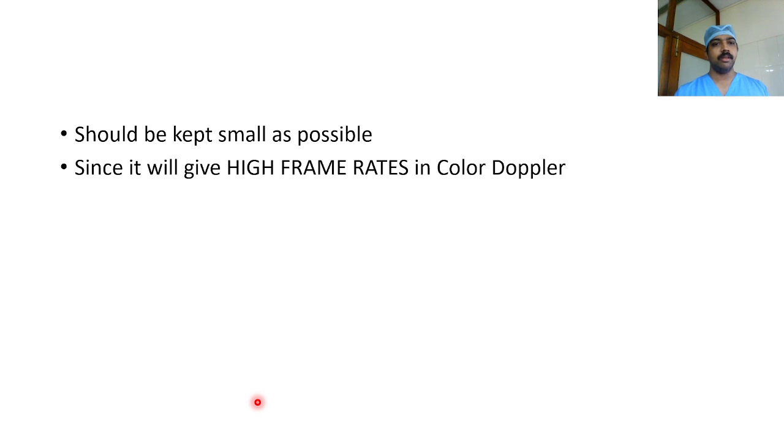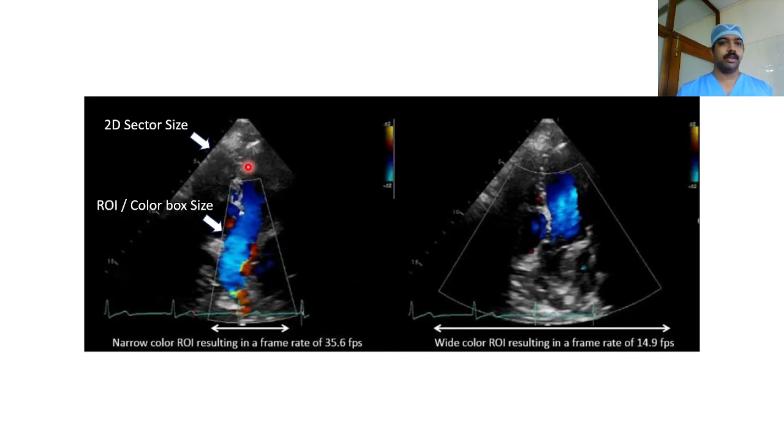So optimizing the color Doppler, first is the 2D sector size. It should be kept as small as possible, because the lower the sector size, the higher the frame rate and the better the resolution. This is the sector size which I told you about, and this is the region of interest or the color box.